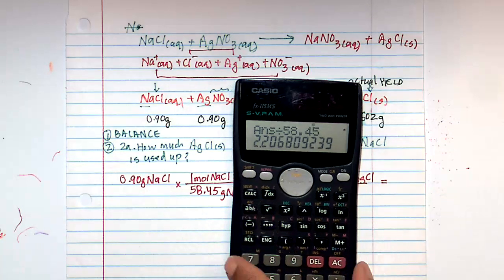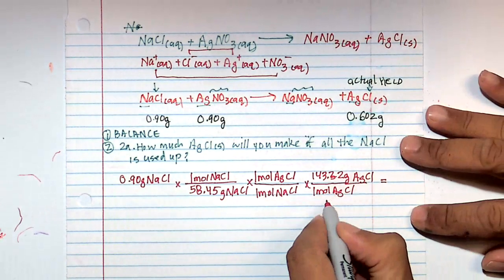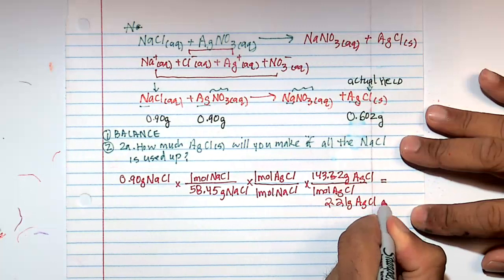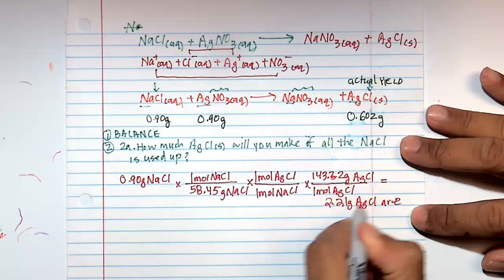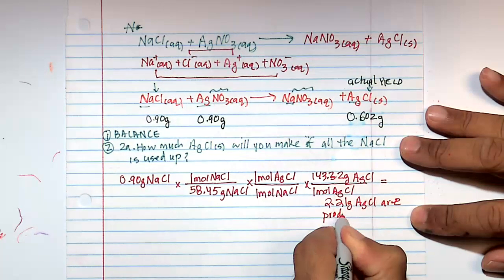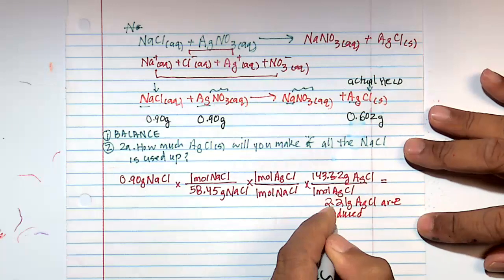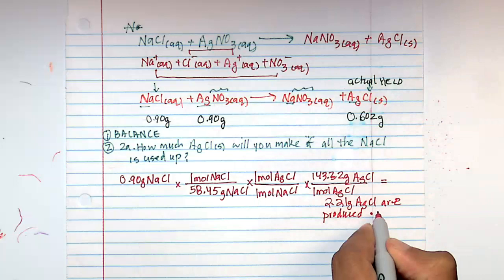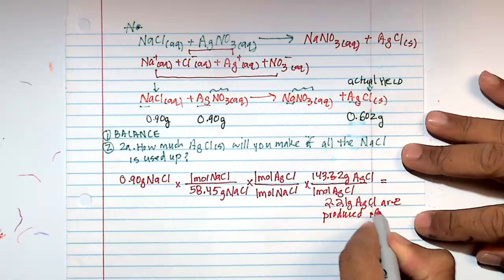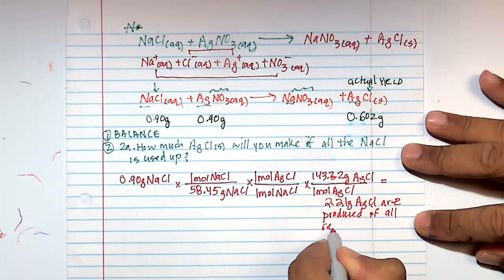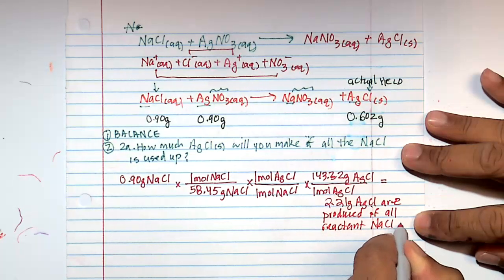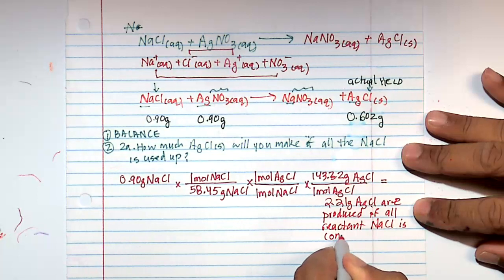I'll say 2.21 grams of AgCl are produced. And this is assuming that all the NaCl is used up. Okay, 2.21 grams of AgCl are produced if all reactant NaCl is consumed or used up.